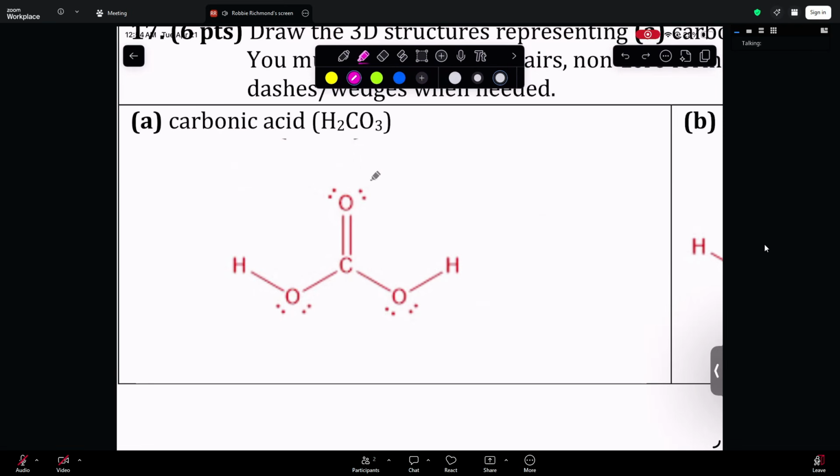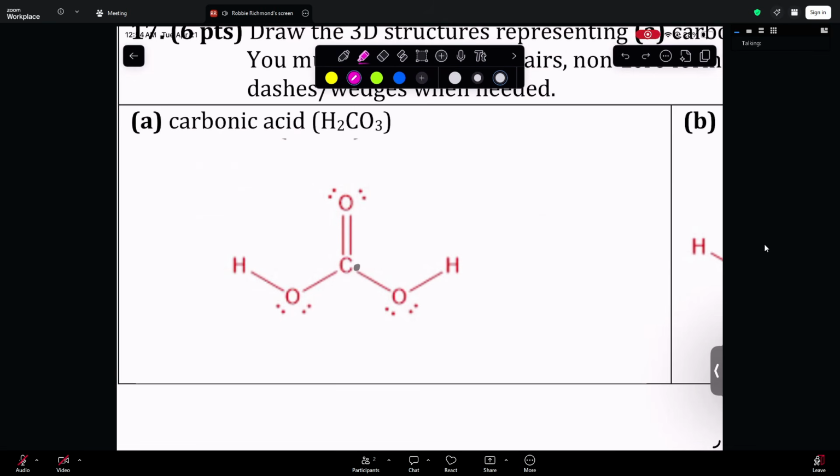So as we talked about with any Lewis structure or any structures that we talked about, the central atom is going to be the one that's the less electronegative. For this case, it's carbon, because organic ones will have the carbon backbone.